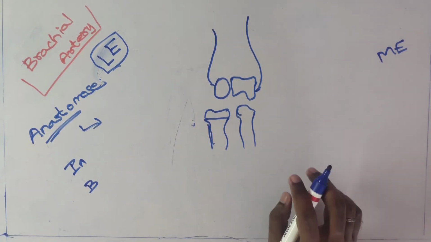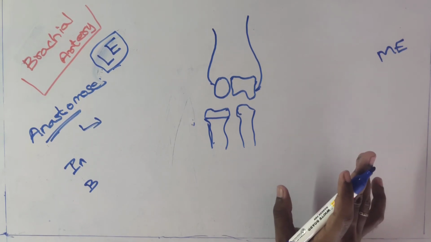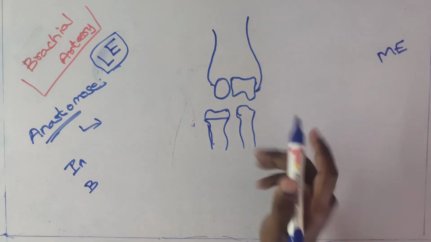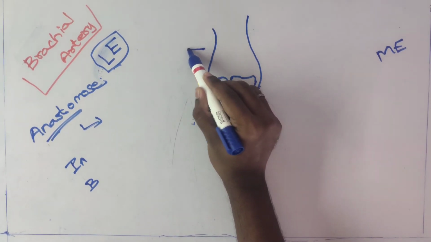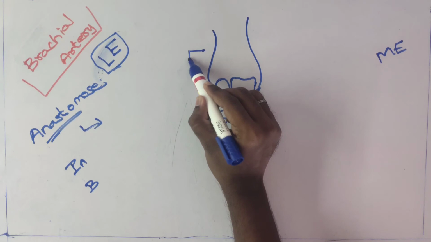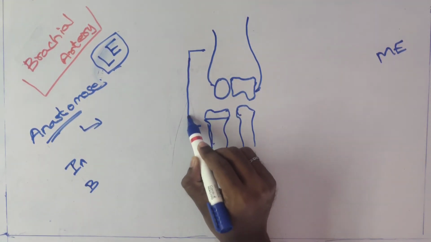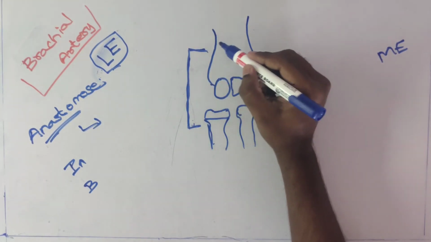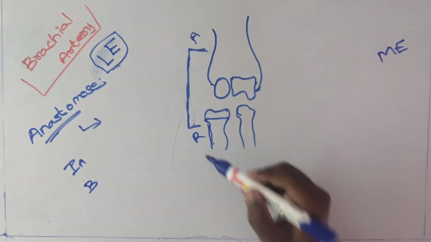In front of the lateral epicondyle, the anterior descending branch of the profunda brachii goes to the radial recurrent artery. A for anterior, R for radial recurrent artery: Anu and Ramu.